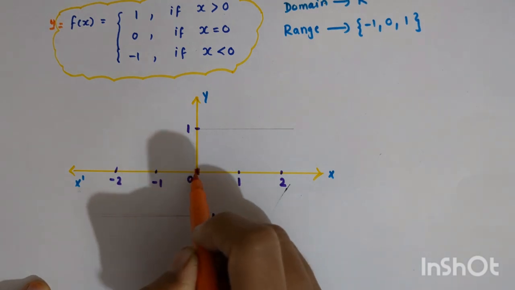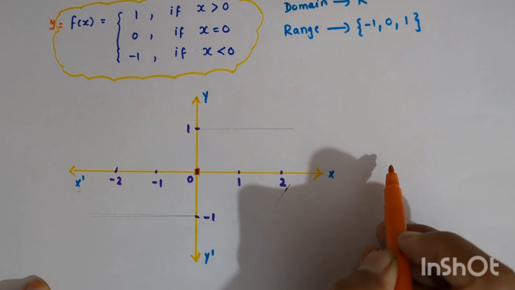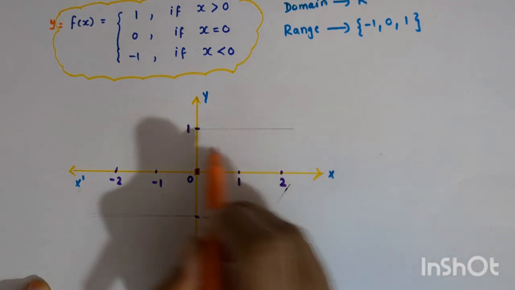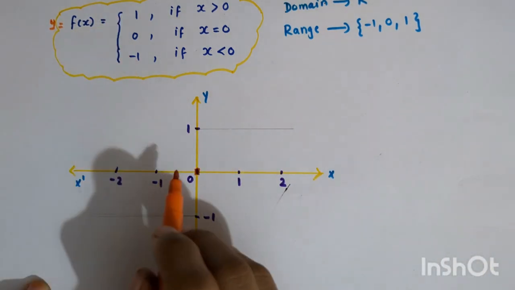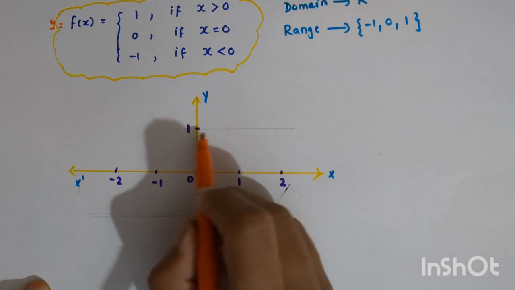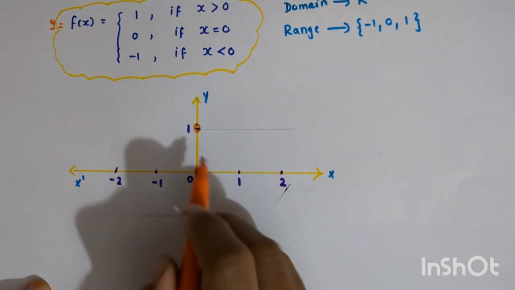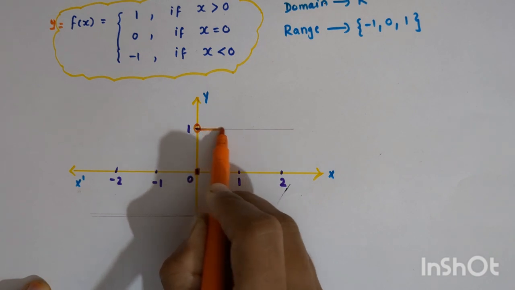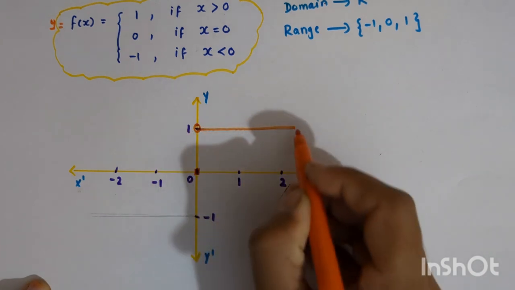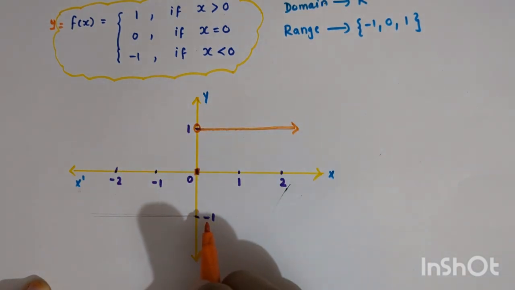At 0 it is 0, but for any value to the right of 0, f of x is plus 1. So, not at 0, that is why I am putting a circle here. Then from here, for all positive values of x, we will have f of x as plus 1.